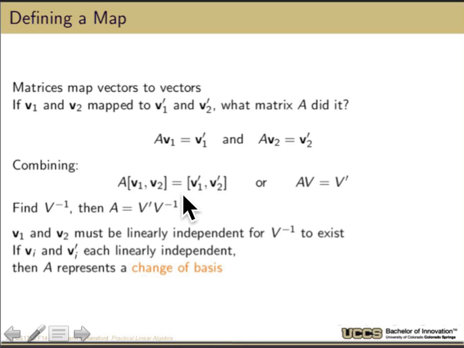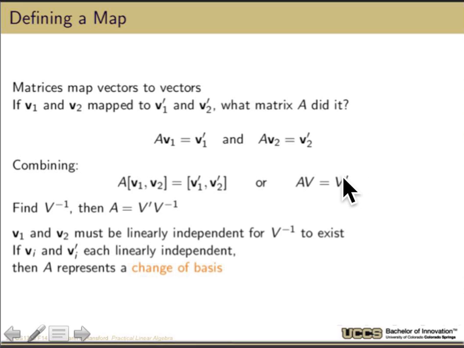If we combine these into a system of equations, we have a matrix times a matrix equals a matrix: A V equals V prime. So if I can find V inverse, then the matrix A I want is V prime V inverse.